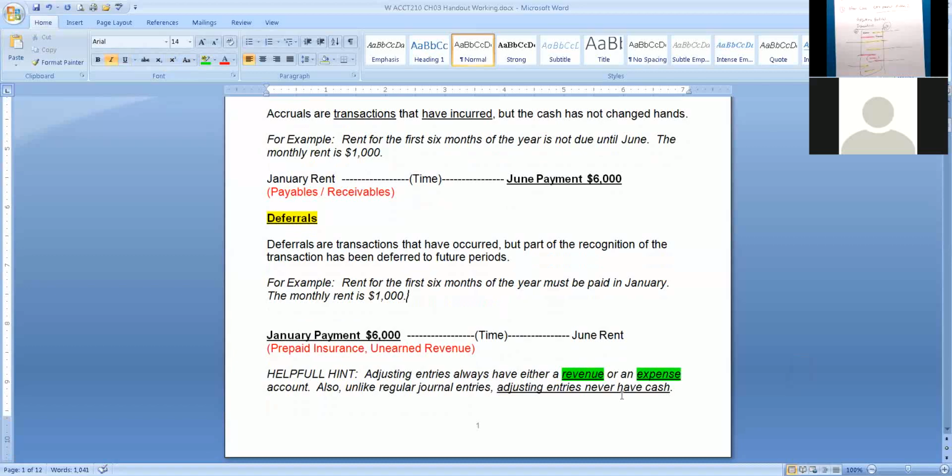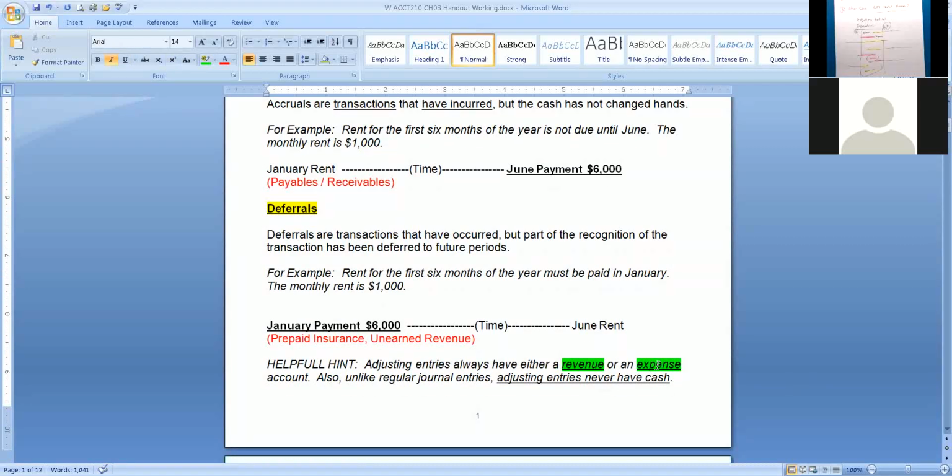They won't have both, but they'll have one or the other. Adjusting entries, by the way, are just like normal journal entries. There's nothing inherently different about them, but we're adjusting our books. And adjusting entries will never have cash.